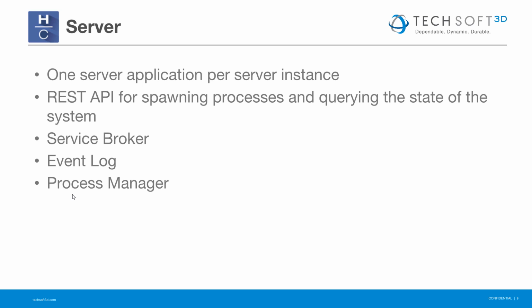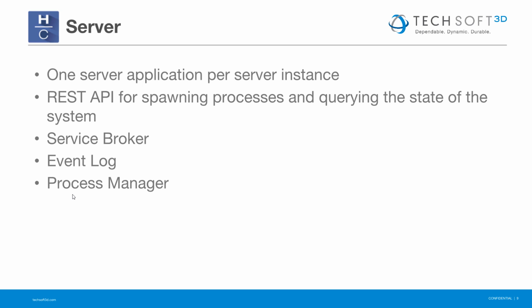And the way we do that is through a REST API. Okay, and we have the REST API for spawning processes and querying the state of the system. So all the communication with the server is done via REST in this agnostic way, so that anyone can talk to the system, no matter where they're coming from.